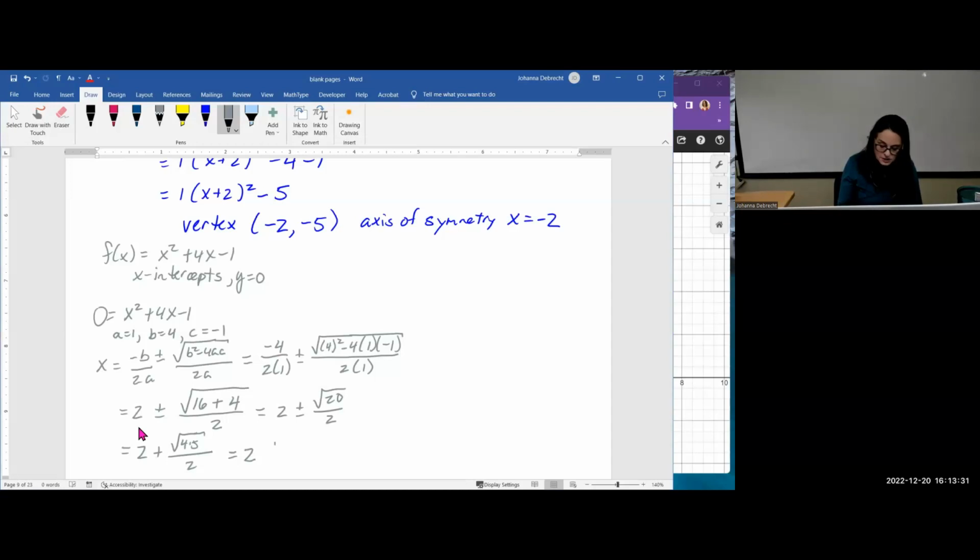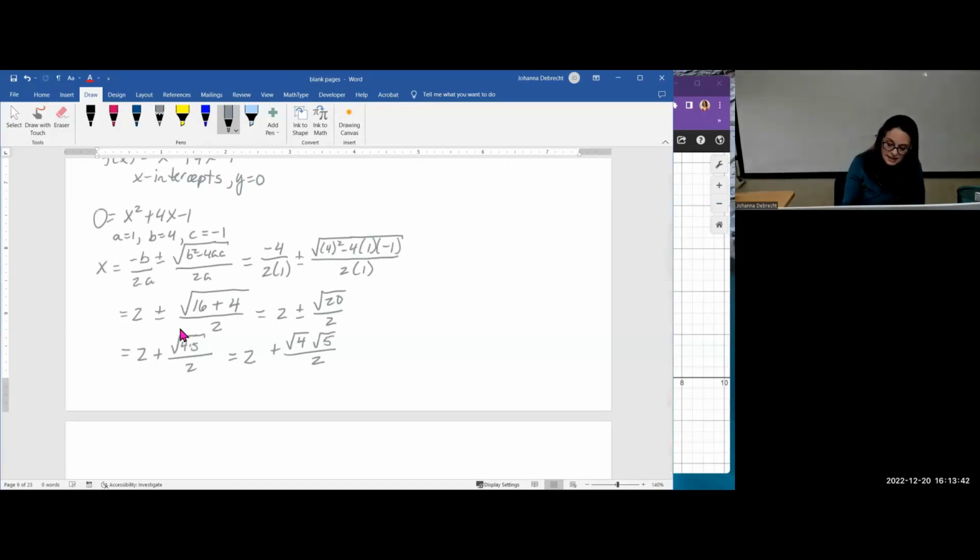So the radical will split across the multiplication, not addition or subtraction. And when I am done writing everything out very carefully step by step, this will give me a 2 plus, oh, lost my minus somewhere, plus or minus 2 square roots of 5 over 2.